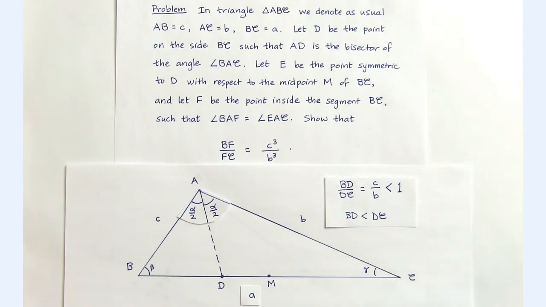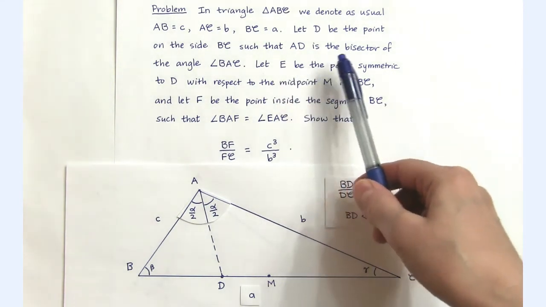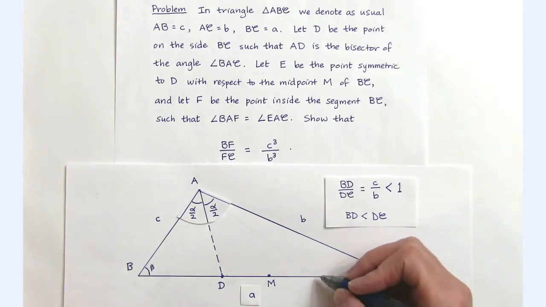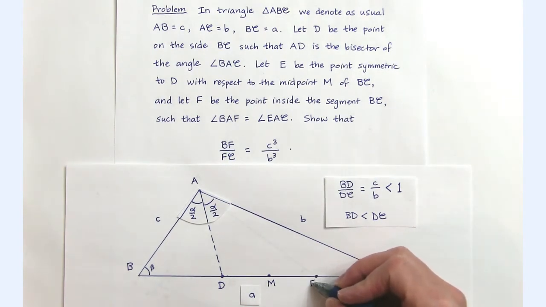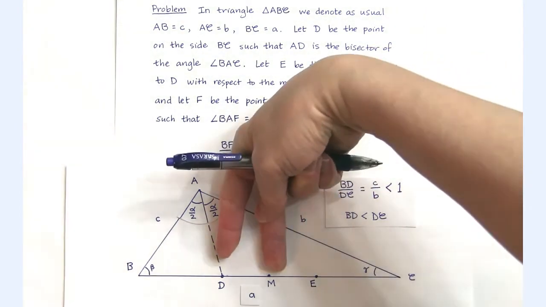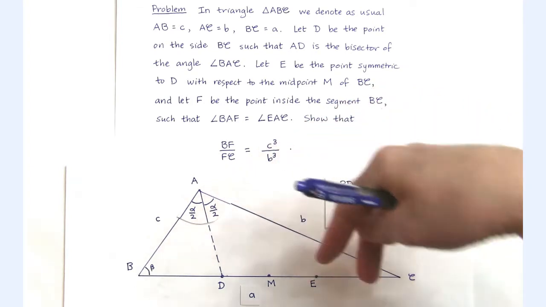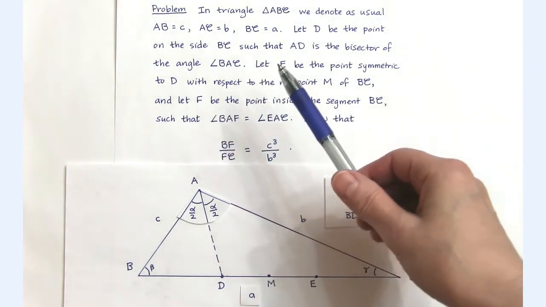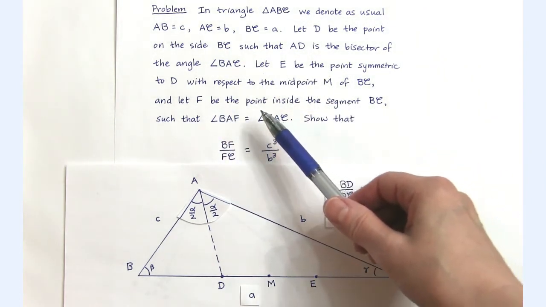And then when we're asked to find E, which is the point symmetric to D with respect to the midpoint, so we're going to reflect D across the midpoint symmetrically to this point over here, so that this length DM is the same as this length ME, then I know that E is to the right of M, which is to the right of D. And then we're asked to find the point F so that angle EAC is the same as angle BAF.